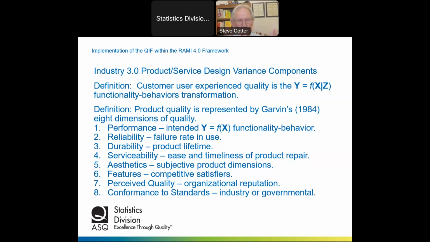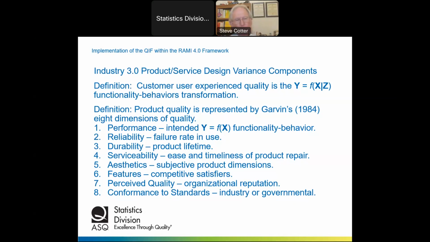That's what the customer wants, and quite often what we deliver, the y equals f of x functionality, is only an approximation of the true behavior that the customer needs in his end-use environment.